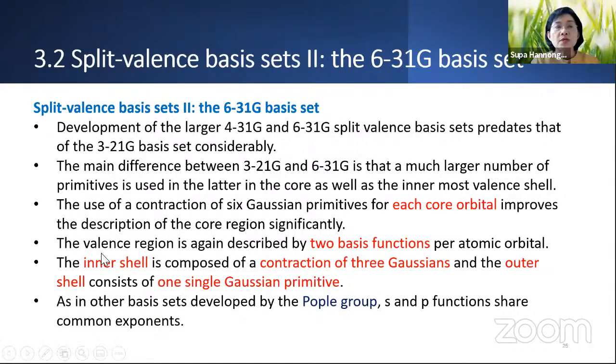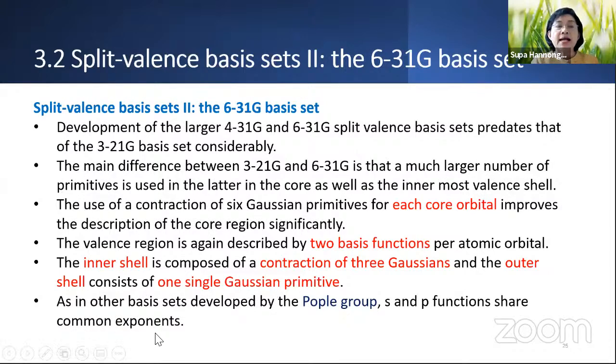Also, the valence region is again described by 2 basis functions per atomic orbital. The inner shell is composed of the contraction of Gaussians, and the outer shell consists of 1 single Gaussian primitive.